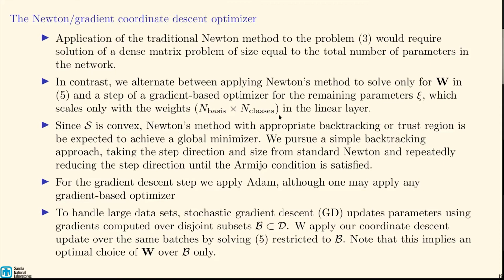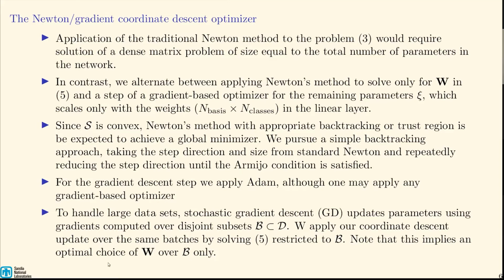So we use a Newton method with a backtracking or trust region. If you do this right, you can expect to get a global minimizer. The details are in our paper, but we find the step direction from Newton and then keep reducing the step size until we satisfy the Armijo condition. And for the gradient descent part, for the hidden layers, we apply Adam.